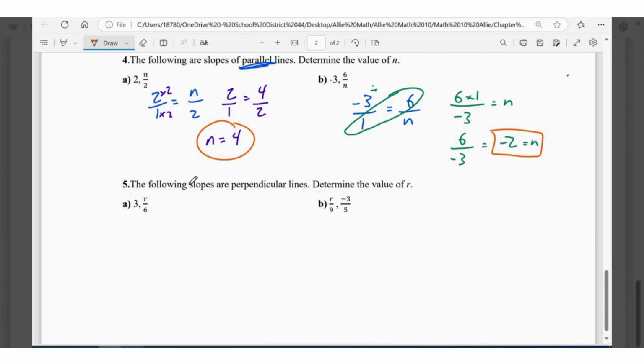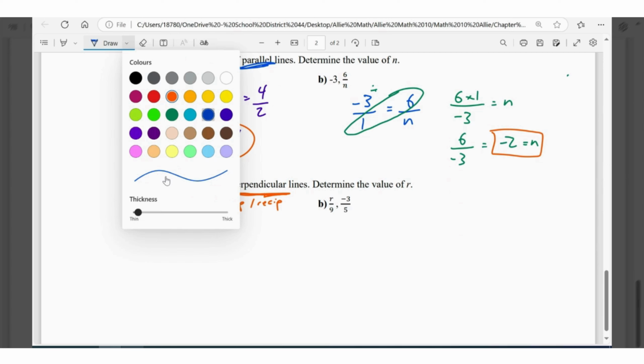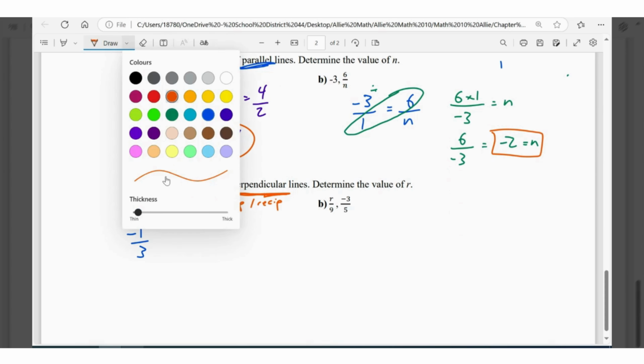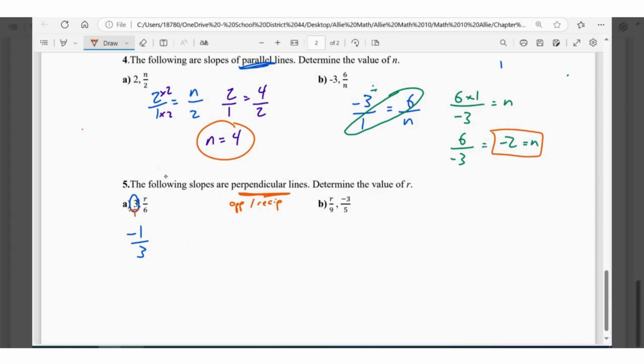And let's do a couple more. So the following slopes are perpendicular now. Okay, we're perpendicular. So we need to remember first about the opposite and reciprocal. So we don't just want to set these up as equivalent. We want to flip this guy and make it negative first. So we actually want a negative 1 over 3. Remember, this is over 1.